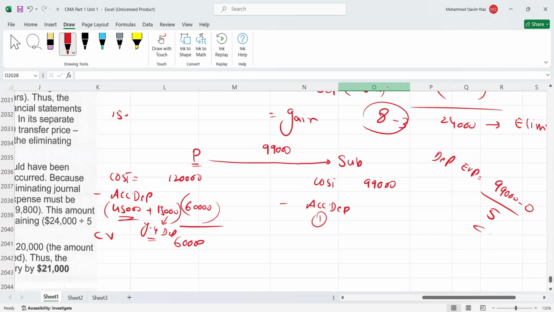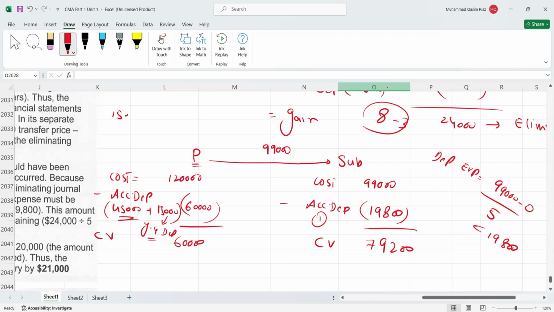So it is 19,800 depreciation expense. So this will be the accumulated depreciation. And the carrying value in the subsidiary books should be how much? 99,000 minus 19,800. It is 79,200.